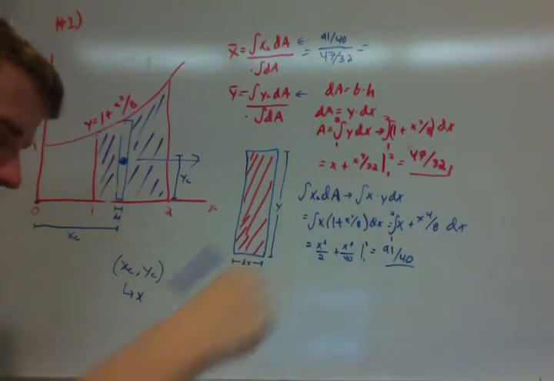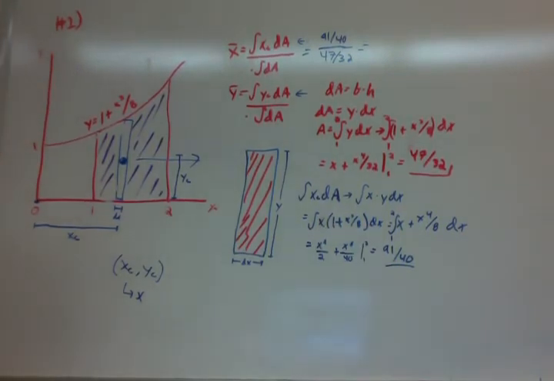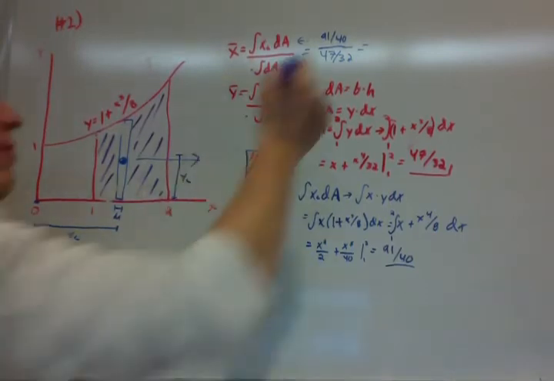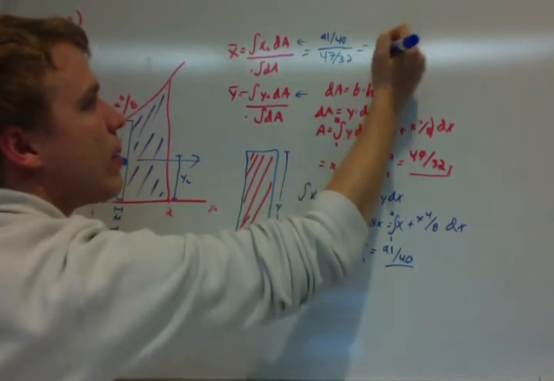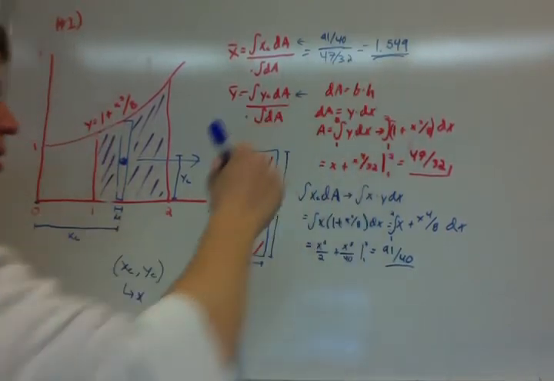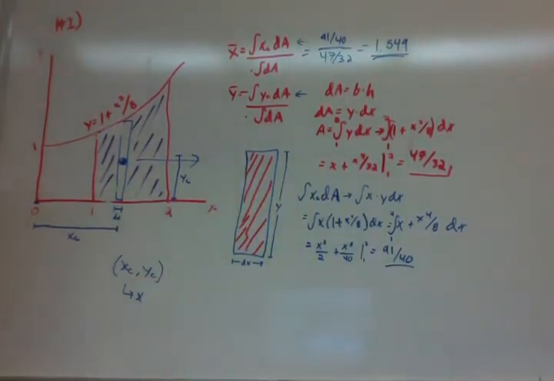And if we plug that into our calculator, we should end up with 1.549. And that is your, they didn't specify your units of measurement, so you don't have any. So that is your x bar distance.